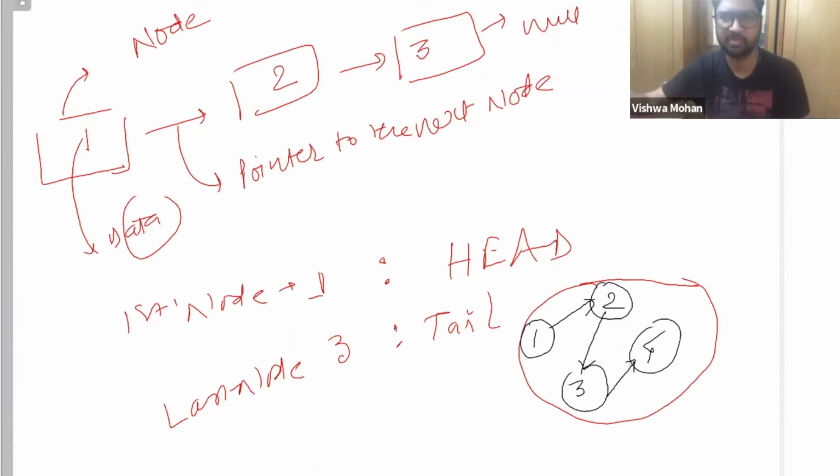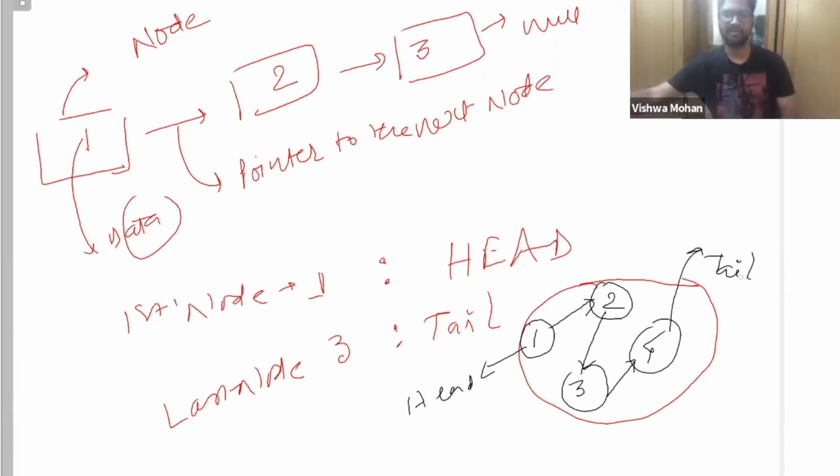However fragmented the memory may be, if we have enough space to store 4 nodes of data, the linked list can fit in. And as I said, this is the starting node, so this is known as the head, and this is the last node, so this is known as the tail.